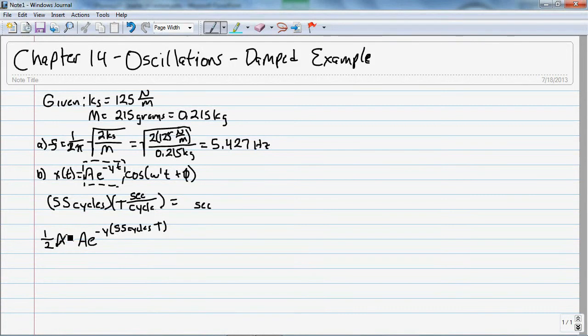The amplitudes are going to go away, and the only way I can get rid of the exponential function is to take the natural log of both sides. So natural log of 1/2 is equal to the natural log of e to the negative gamma times 55 cycles times the period. So the natural log and the exponential are going to go away.